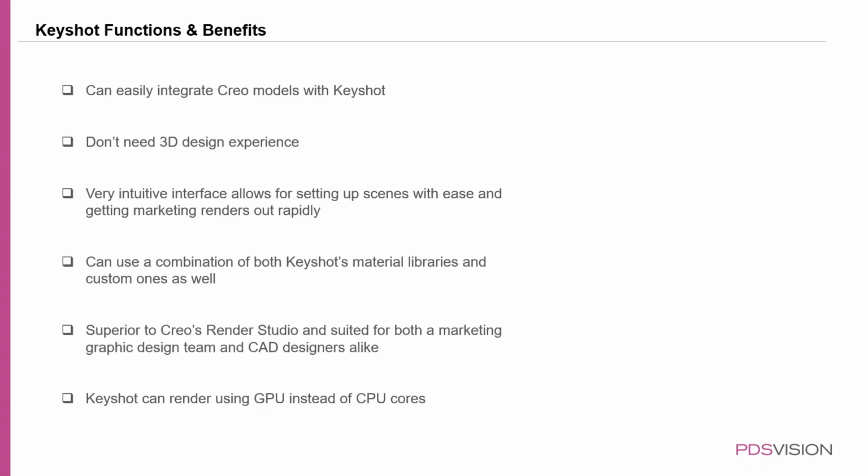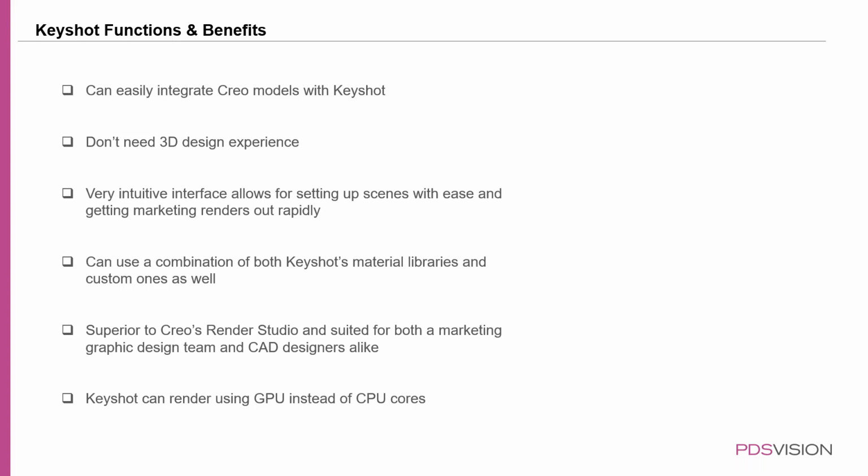I mentioned this earlier, but KeyShot is very intuitive. It's fairly simple. It's nice that you can easily find certain options and functions. What's nice too is you can use a combination of both KeyShot's material libraries, which is very extensive.